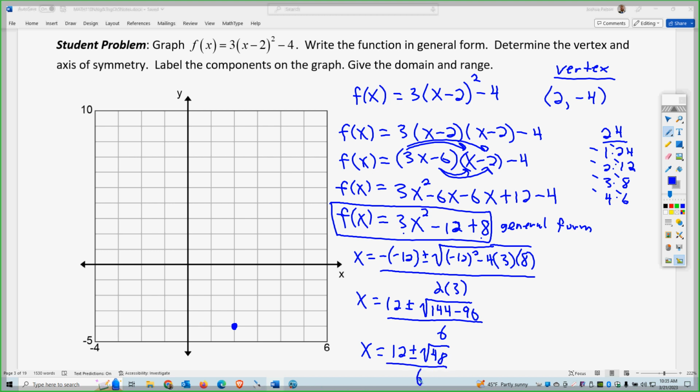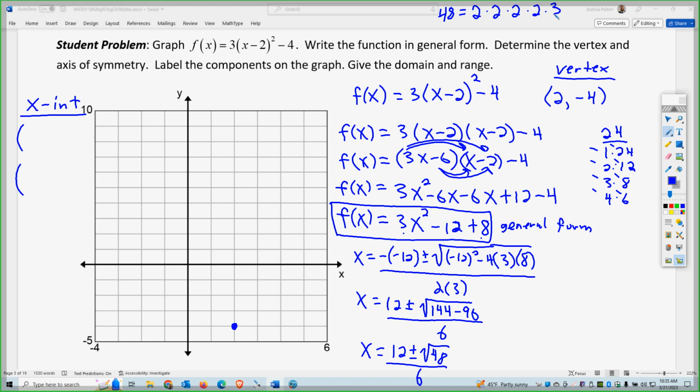Right? We can probably simplify that a little bit. So we'll do our x-intercepts over here, x-intercepts. So the 48 can break down, can't it? Because when I think about it, 48 divided by 2 is 24, right? So just real quick on the top here, 48 is 2 times 24. 24 is 2 times 12. 12 is 2 times 6, which is 2 times 3, right?